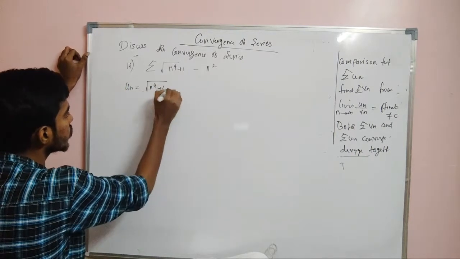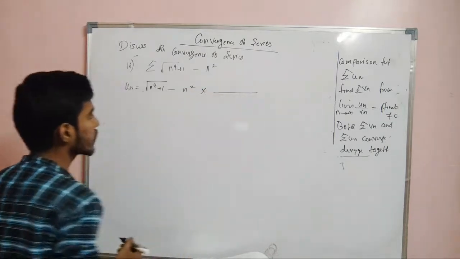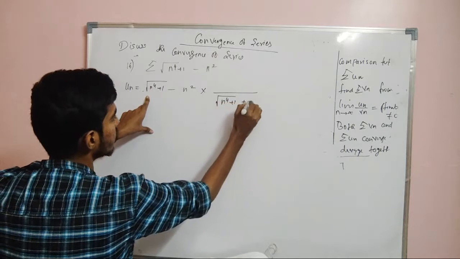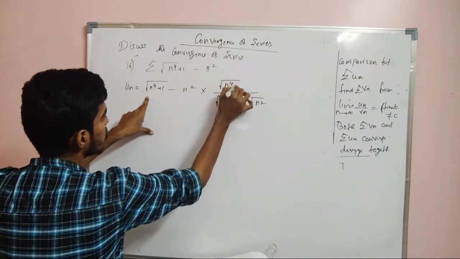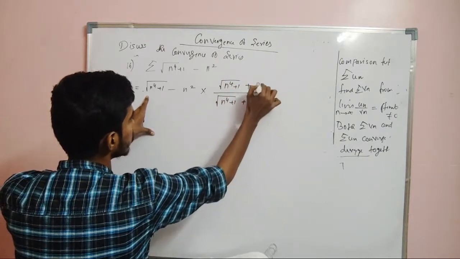Now again it is to be rationalized. For that I need to take the conjugate. So here the conjugate is square root of n power 4 plus 1 plus n square.